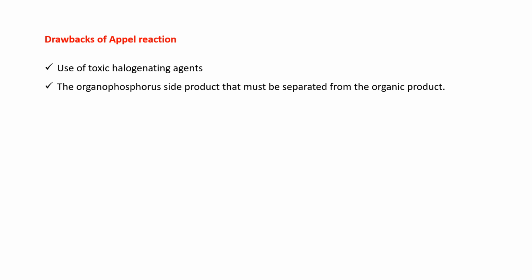Now as research is going on, for these organophosphorus side products, sometimes some modification is done, so PPh3 derivatives are taken so that it becomes water soluble, and removal of this compound from the reaction mixture will become very easy. So these are the drawbacks of the Appel reaction.